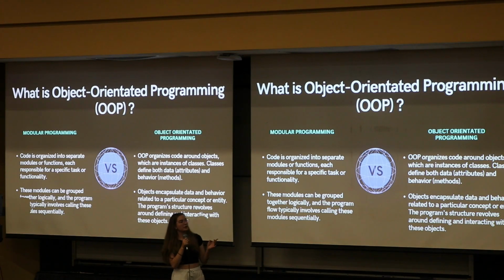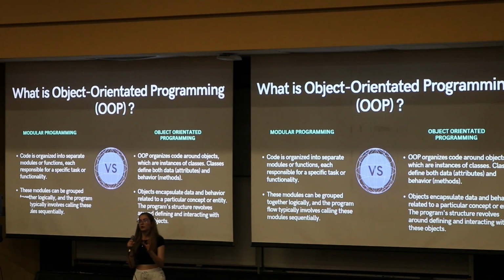So in 104, if you guys remember, you were using modules and you had different modules for different tasks or functionalities. But in data structures, you weren't using that exact approach. You had classes, right? You had a stack class, you had a queue class, binary search tree class. And then you had different methods inside of those classes that were used.